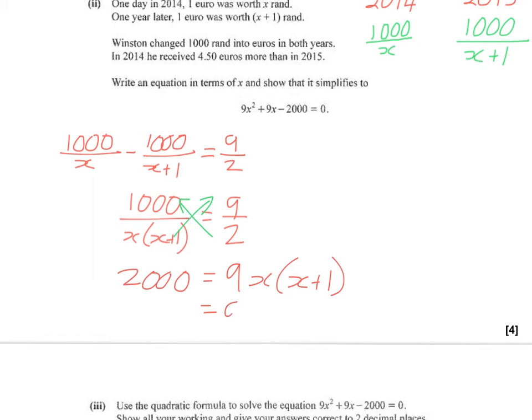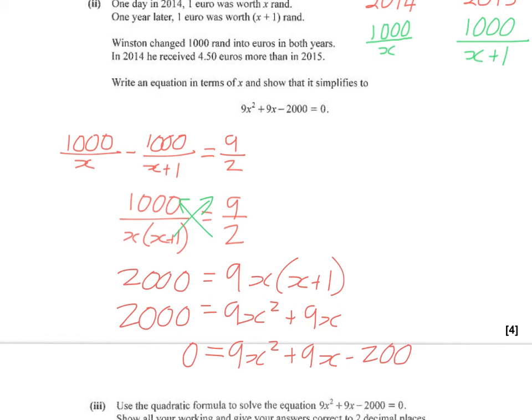If I expand that bracket out on the right hand side, I get 9x squared and 9x. On the left, my 2,000. Still, it's not quite exactly the same. I'm going to take that 2,000 away from the other side, so I get 0 is equal to 9x squared plus 9x minus 2,000, and I have shown it.